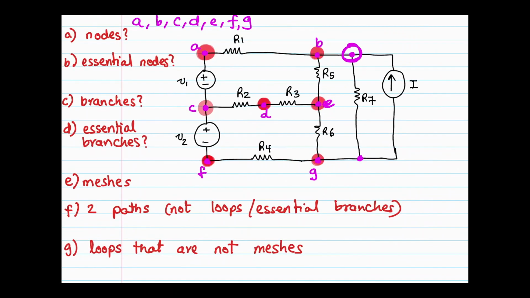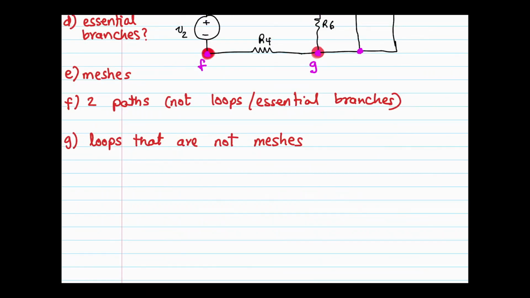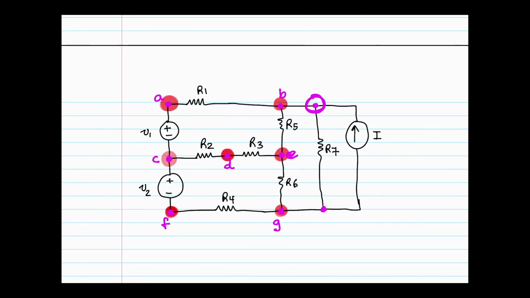These are the nodes. Now we are supposed to find the essential nodes. Okay, let us see. I'm going to copy this and paste it over here. We are trying to find the essential nodes in here.